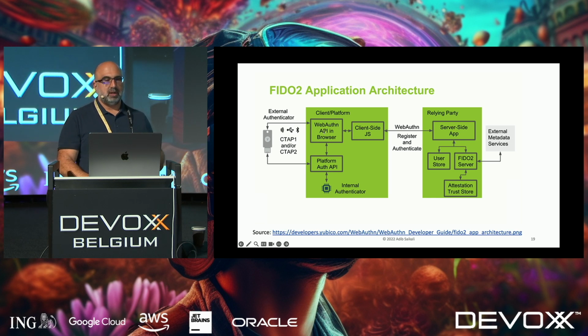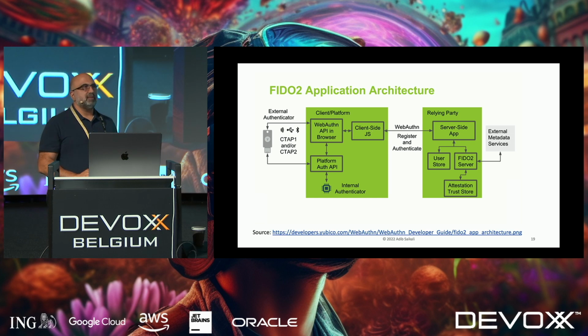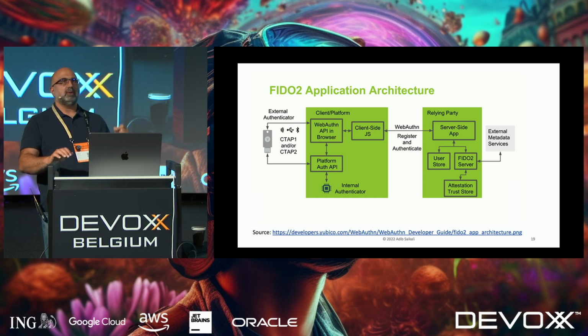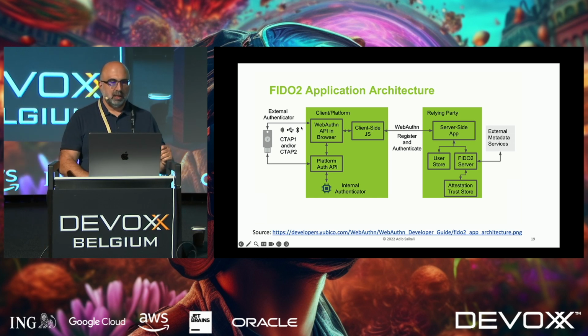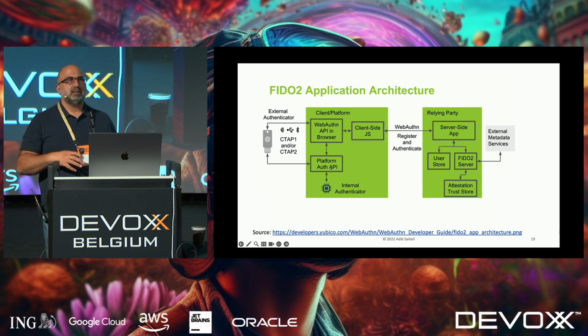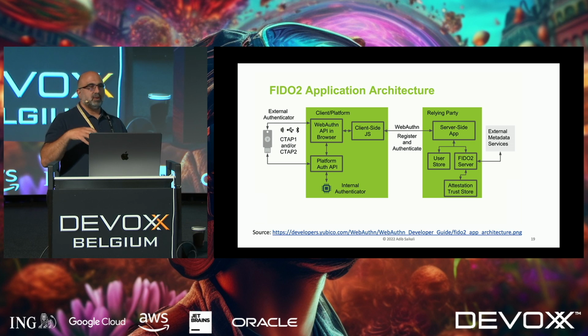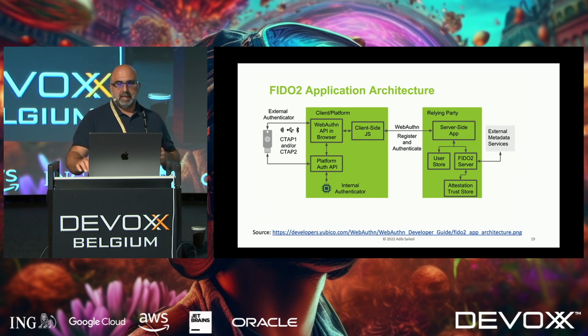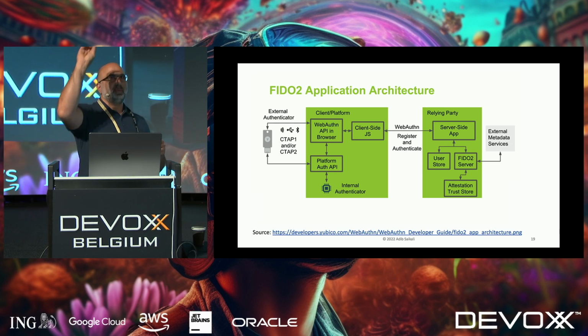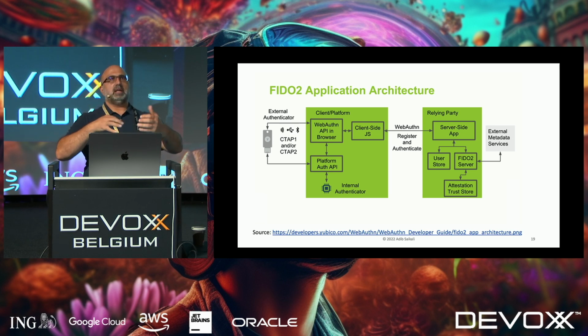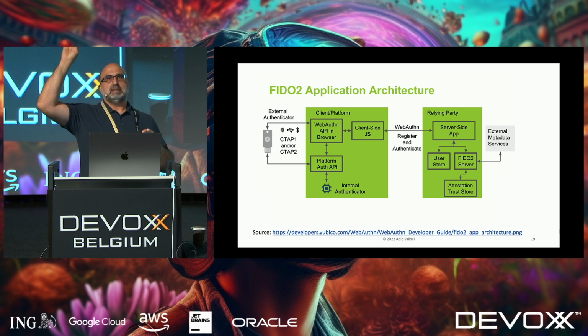What's important on the client side is that you have to have JavaScript code. That JavaScript code is going to call the browser's Web Authentication API. And the browser, in its C++ code, is going to call down to the operating system. And the operating system is then going to communicate with the YubiKey, transfer data, generate that little QR code and all that type of stuff. Who's with me on that?